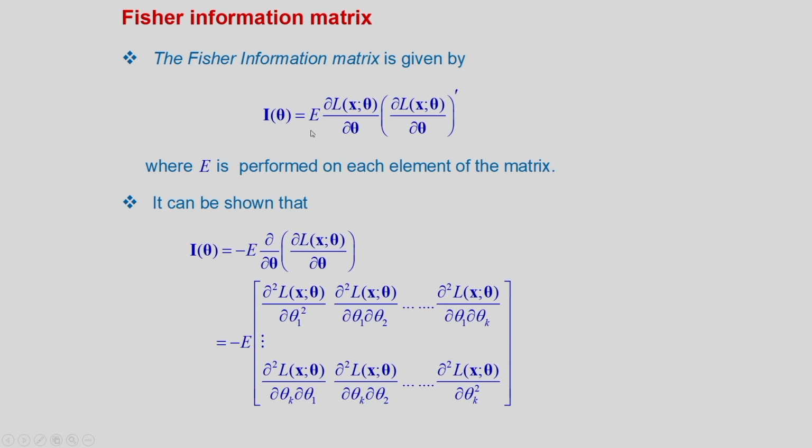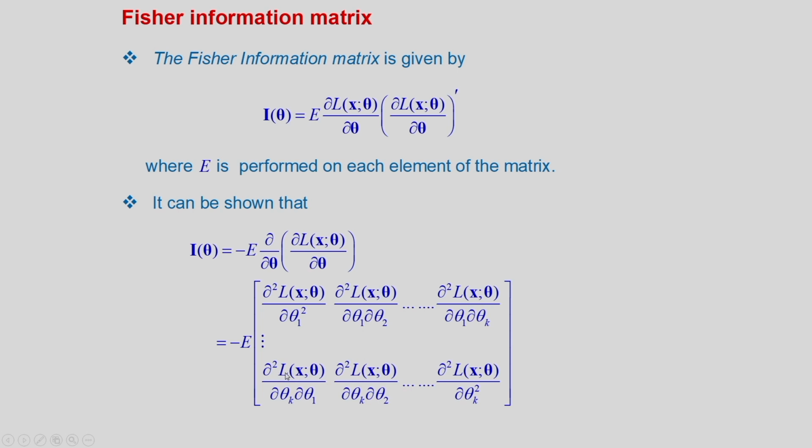So, this is the Fisher information matrix, and it can also be shown that I of theta is equal to minus expectation of del del theta of the del L del theta vector. So, this will become a matrix now, and that matrix is given by minus expectation of del 2 L del theta 1 square, del 2 L del theta 1 del theta 2, up to del 2 L del theta 1 del theta k, like that.